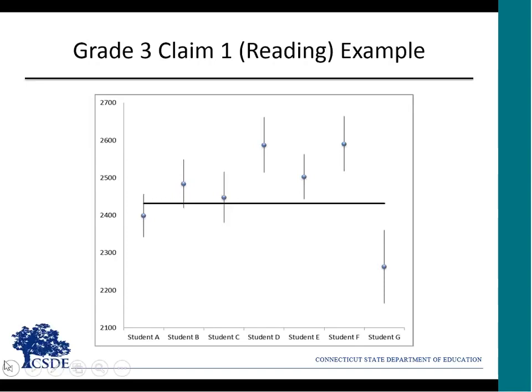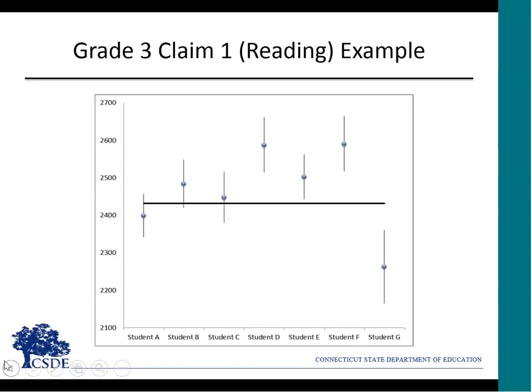When interpreting a student's overall performance relative to their claim level performance, it's important to note the following. First, claim level scale scores are derived using fewer items than the overall vertical scale score. Therefore, the standard error of measurement for a claim level scale score is greater than that of the overall vertical scale score.